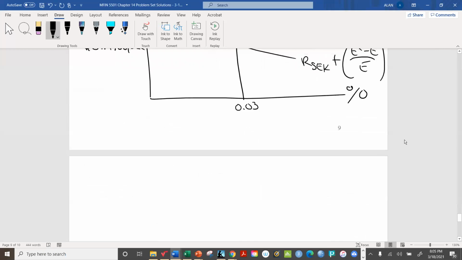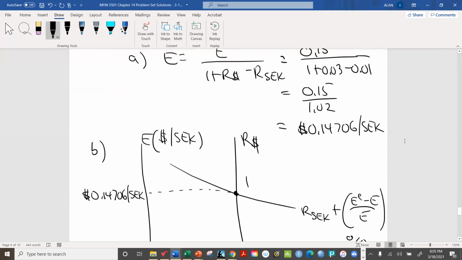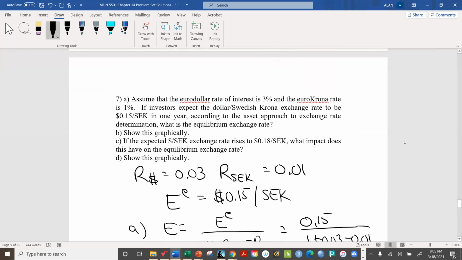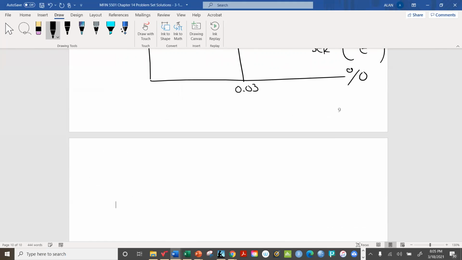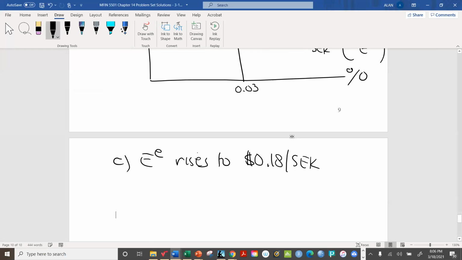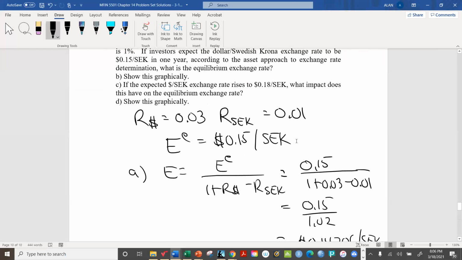All right, so in part C, they tell us that the expected exchange rate rises to 0.18. Okay, and so the question is, what does that do to the exchange rate?